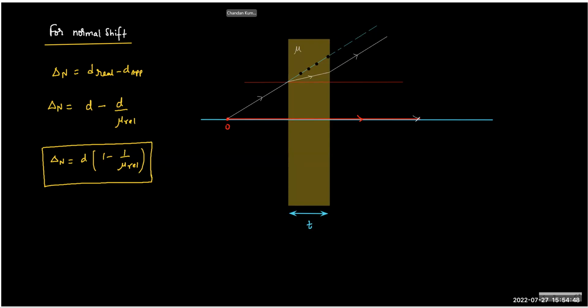Now this light ray and this light ray will give you the perception. And if you want to get the perception, what will you do? You will extend the light ray backward, right? So once you extend it backward, the object will appear here, O dash. Do you realize this?